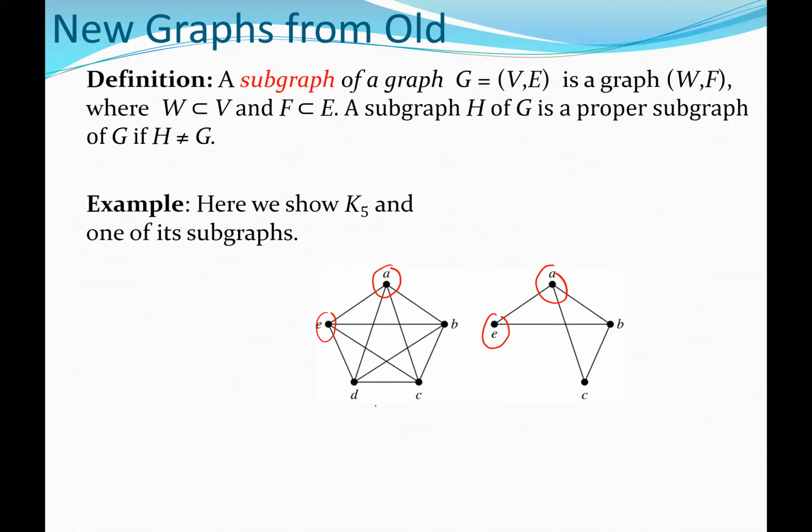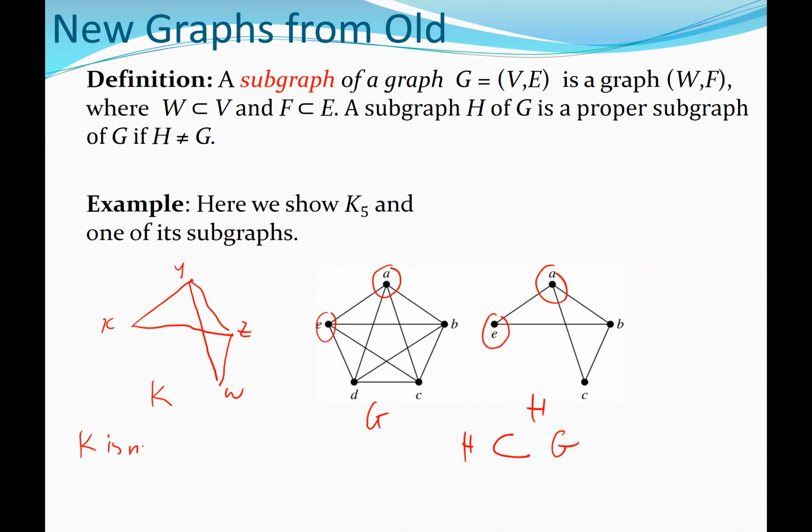So we can have G here and then H here. H is a subgraph of G. But if I also have something very similar like this, with vertices X, Y, Z, and W, and we call this one K, then K is not a subgraph of G. Even though the graph K and the graph H are very similar, K is not a subgraph of G because X belongs to K, but X does not belong to G. Over here, E belongs to H, and E also belongs to G, right?